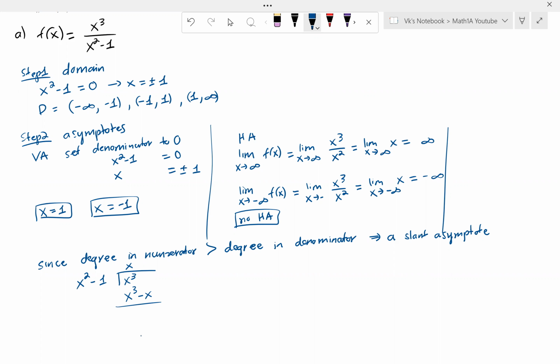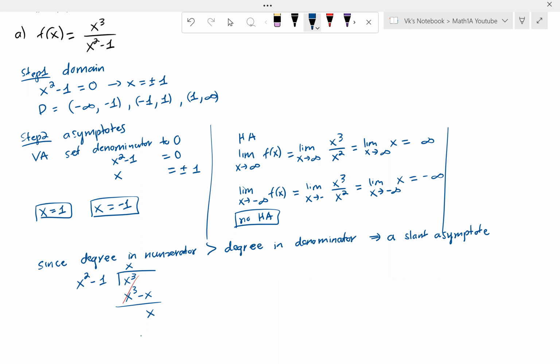Subtraction, this cancels out. We have x left. So x squared minus 1 cannot go into x, and that is it.